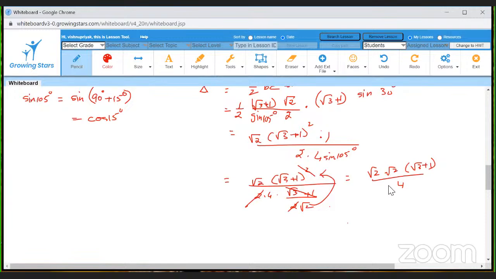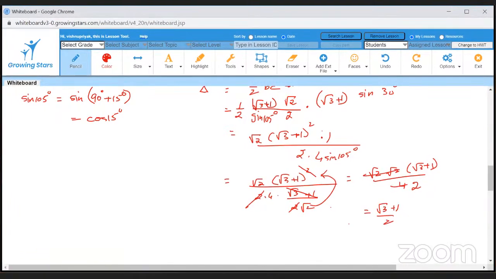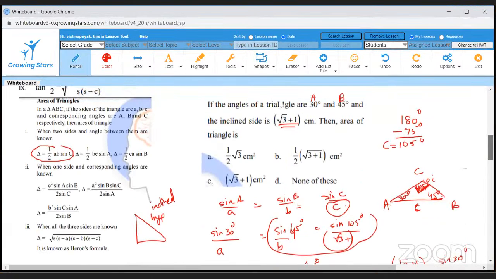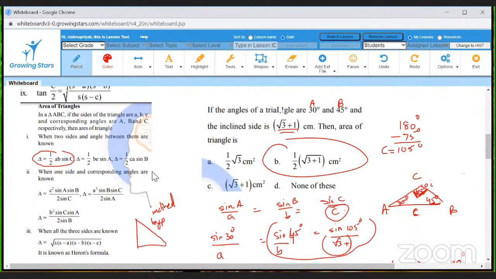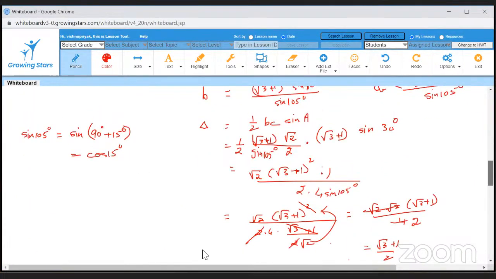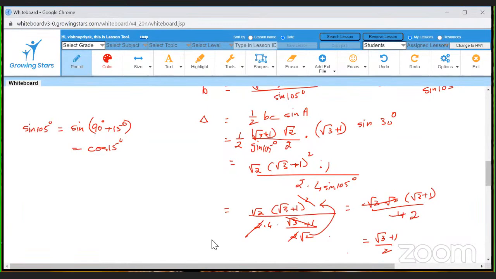So 2 and 2, 4, it will cancel. So what is left finally? Root 3 plus 1 by 2. That is the area. It's option B. I hope this is clear.